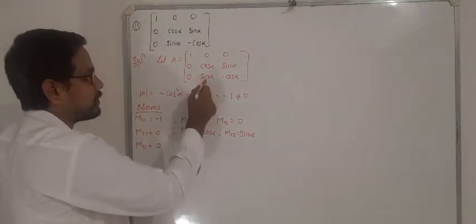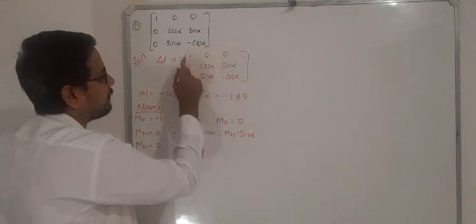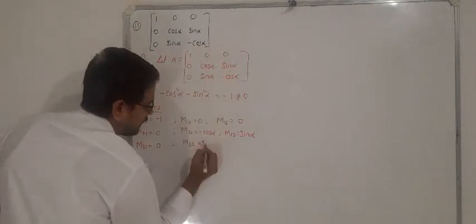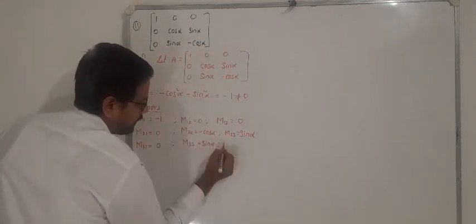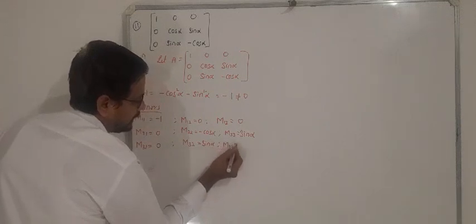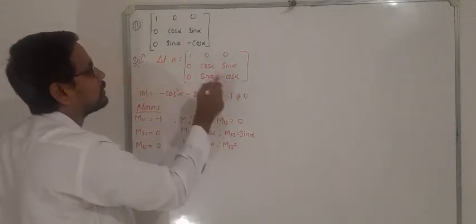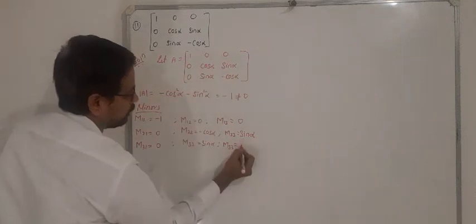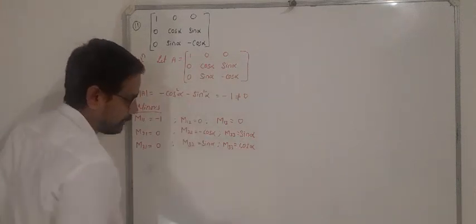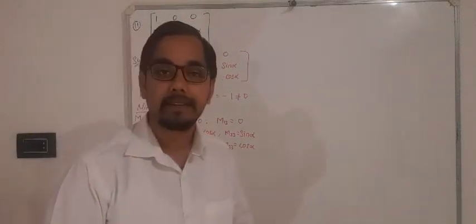M32, the minor of this one, 1 0 0 sin alpha, so 1 into sin alpha is sin alpha. M33 is the minor of this one, 1 0 0 cos alpha, so it is cos alpha. So these are the minors.